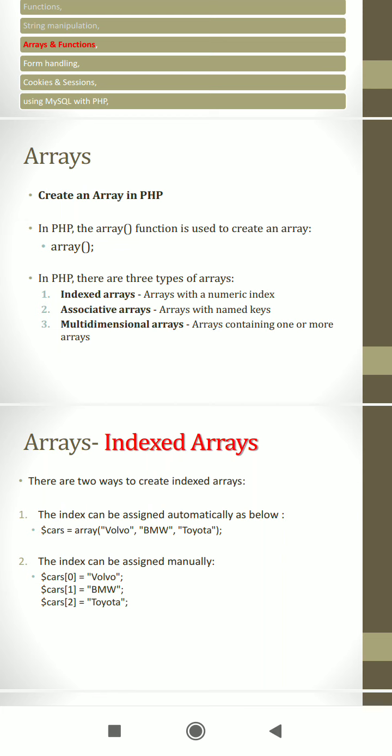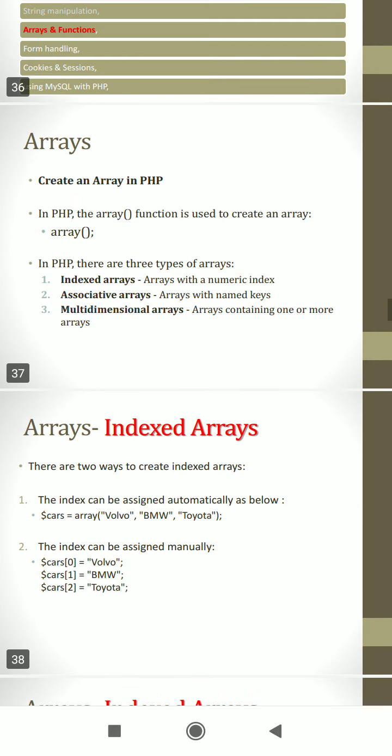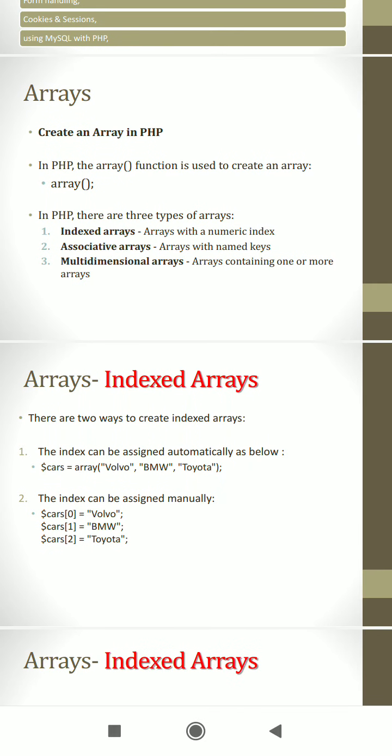First, by assigning automatically. See the example, $cars = array("Volvo", "BMW", "Toyota"). Volvo will get index 0, then BMW will get 1 and Toyota will get 2. You know, an array always starts with index 0.